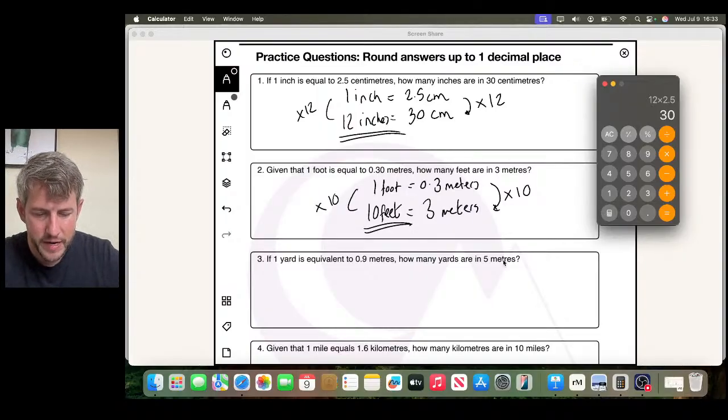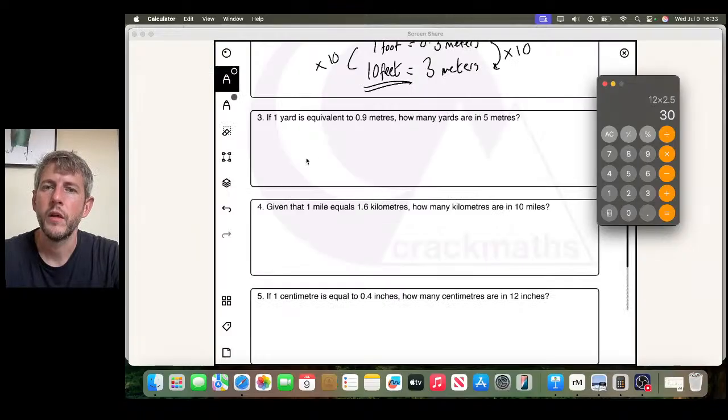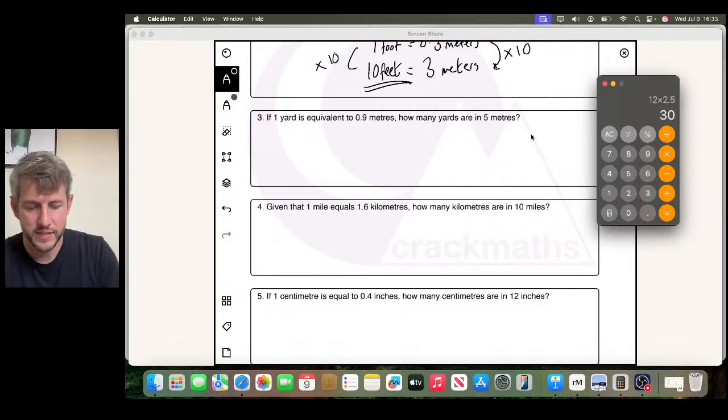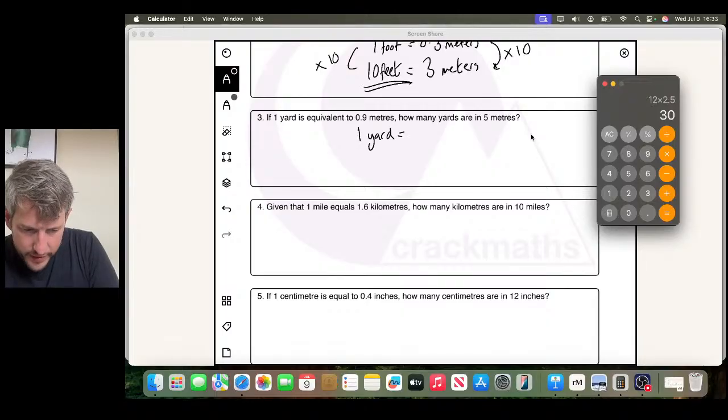Question 3. If 1 yard is equivalent to 0.9 metres, how many yards are in 5 metres? So 1 yard equals 0.9 metres.